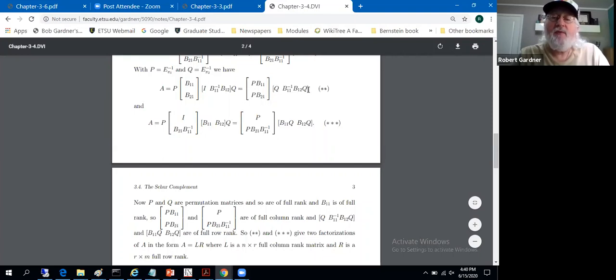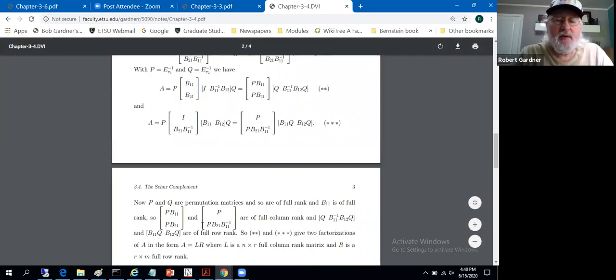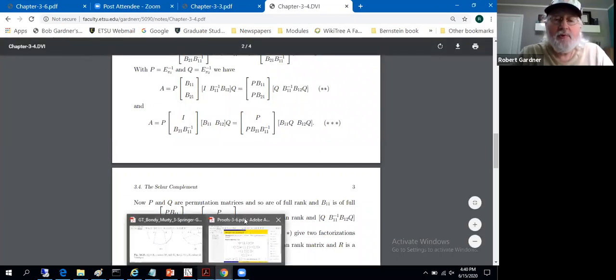And here we've got a full row rank matrix. So we would call this one L and this one R. Could also be these as L and R. Anyhow, we took matrix A and wrote it as a product of L times R, where L is a full column rank matrix and R is a full row rank matrix. So that was the process.